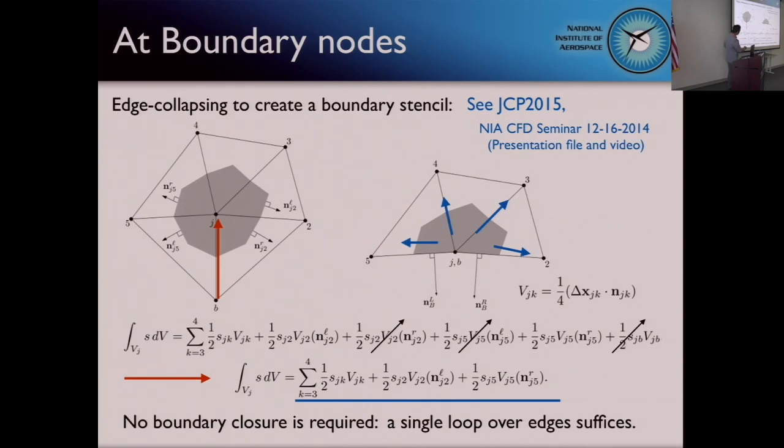What's interesting is that this partial volume is a dot product of delta x and directed area, and they all vanish for these two elements associated with the boundary. So basically, you loop over all the edges in the grid, and you're done. There's nothing special, but the divergence formulation requires boundary flux.